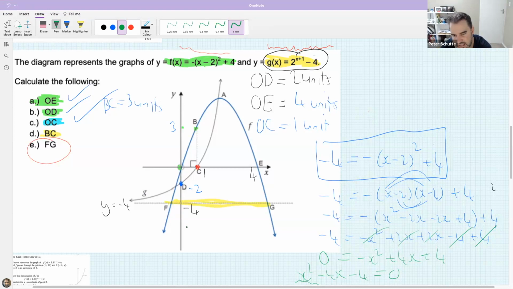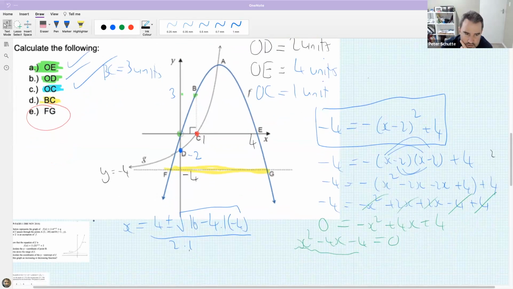Can I factorize that? 4 and 1, no. 2 and 2, no. I think I need to use the quadratic formula. So I'm going to go x is minus minus 4, and then it's going to be b squared, so 16 minus 4 times 1 times minus 4, over 2 times 1. And then x is going to be an irrational root.